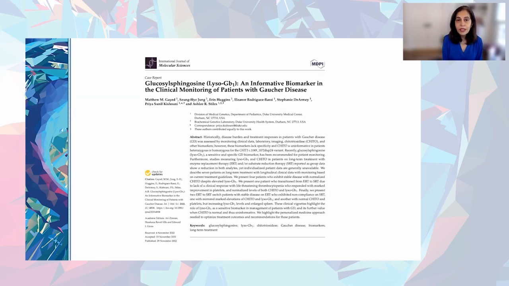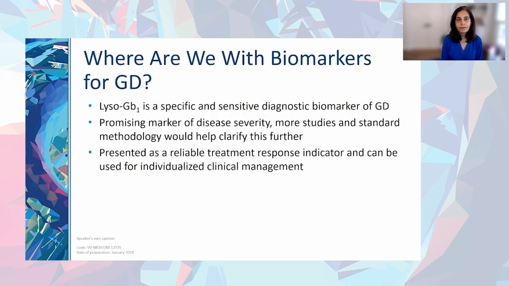So we've published this data now on using different clinical vignettes of how we've used the lyso-Gb1 in precision medicine, so in clinical monitoring of patients with Gaucher disease type 1. And so where we are with biomarkers for Gaucher disease, I hope through this case, I've tried to show you that lyso-Gb1 is specific.